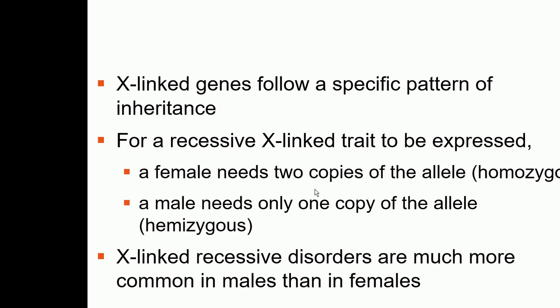But in males, one chromosome is X and the other is Y. So if a mutation takes place on the X chromosome and the allele gets mutated, the second chromosome is a Y chromosome.